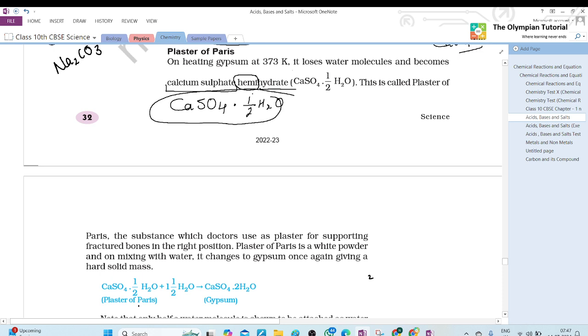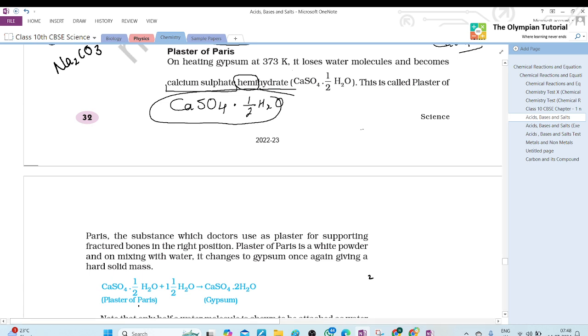Plaster of Paris is used by doctors for supporting fractures. Have you ever seen white plaster? This is plaster of Paris. It is a white powder, and on mixing with water it gives gypsum, and again it becomes hard.